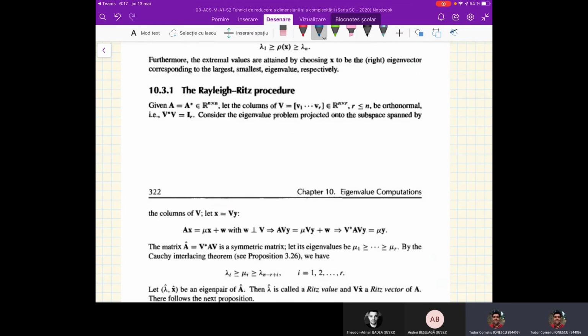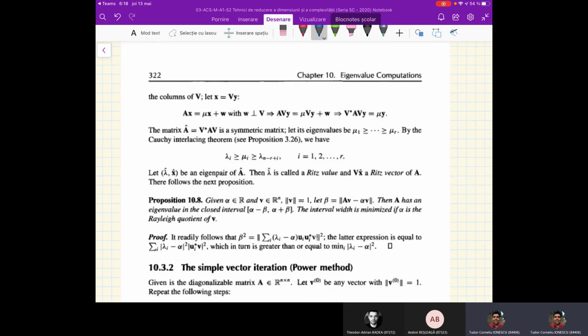We have a procedure here, the Rayleigh-Ritz procedure. Given a Hermitian matrix A, consider the matrix V with orthonormal columns. That means that V star V is the identity. We consider the eigenvalue problem projected onto the subspace spanned by the columns of V. So x is Vy.